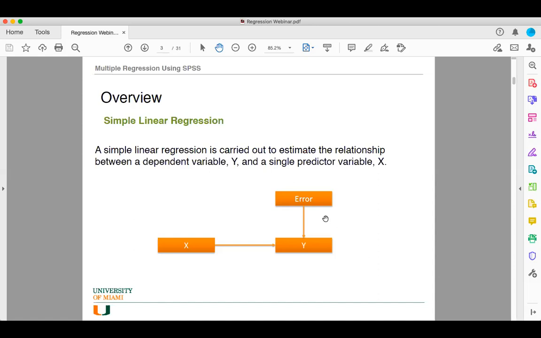In every regression model, the predictor cannot explain the whole relationship or the variance in the dependent variable. So there is always a measurement error or residuals. You will see that in every model we have some sort of error, even though we pick the best predictors in our model.